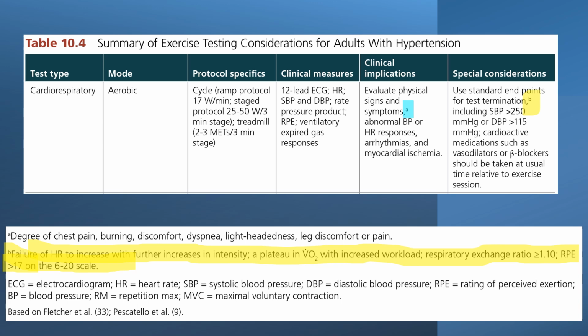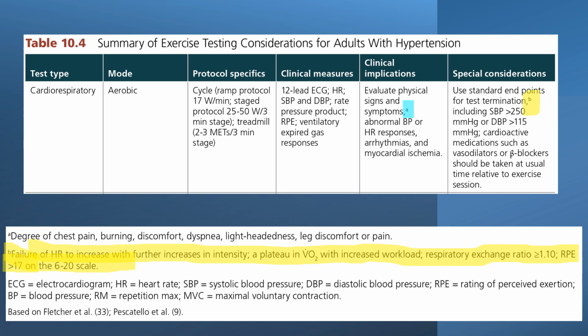For exercise testing, Table 10.4 gives you some guidelines about what the protocol should look like, what would be measured, and what you're evaluating. So for cardiorespiratory, we're looking at a cycle or a treadmill.